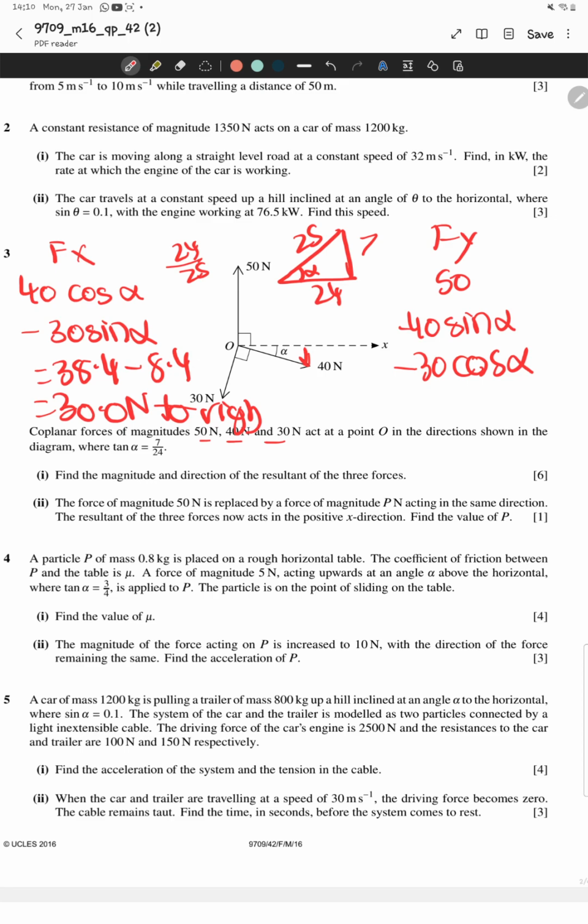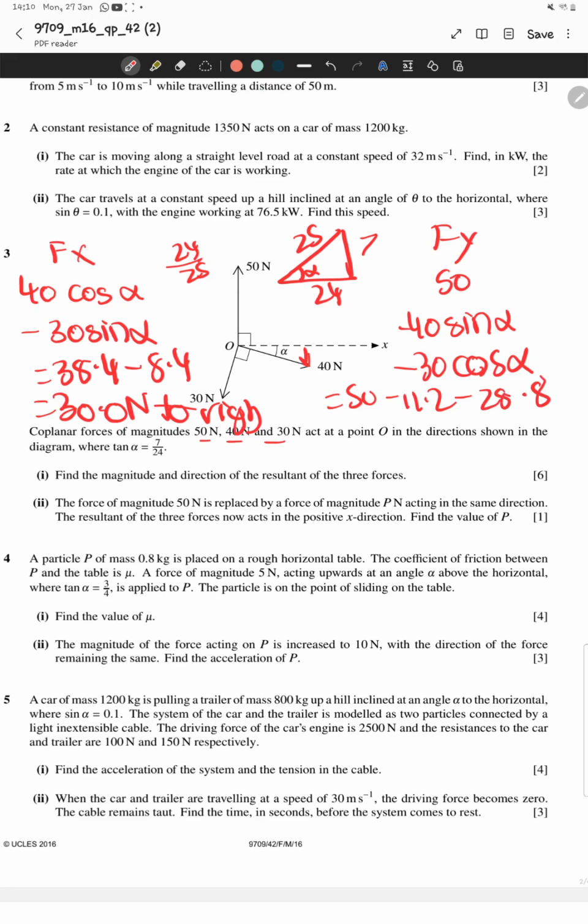Yep. And then to resolve this, you do the same thing. 50 minus 40 sine alpha. 40 sine alpha is 11.2, minus 30 cos alpha, which becomes 28.8.